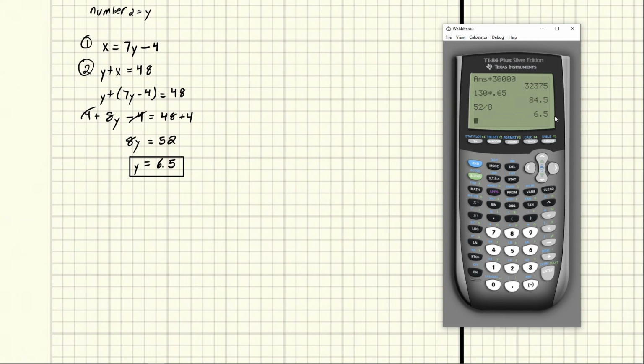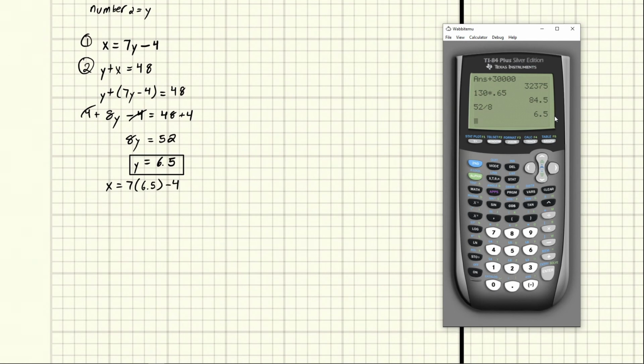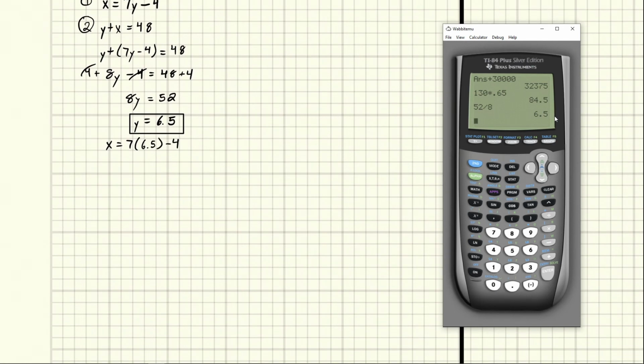So now that we know what y is, we can come up to one of our initial statements and solve for x. And so we say, well, in equation 1 here, we have that x is equal to 7 times y, so that's 7 times 6.5 minus 4. Because if this is y, we've got to figure out whatever x would make this statement true. What does x have to be when y is 6.5?